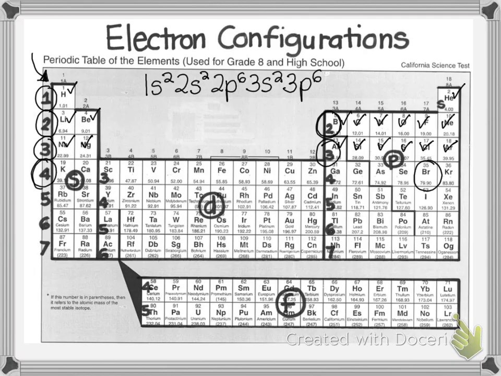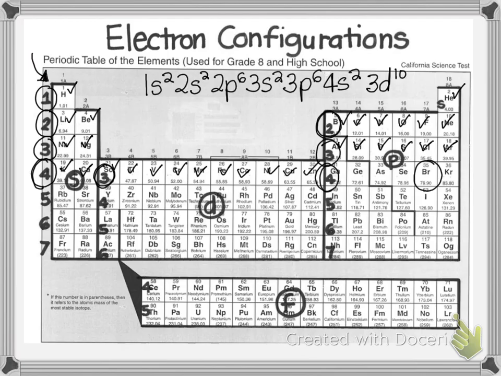Then I come here for 4S. 1, 2. Then I go 3D, and it will be 10 because the D sublevel has 5 orbitals, which is 10 electrons. 1, 2, 3, 4, 5, 6, 7, 8, 9, 10.